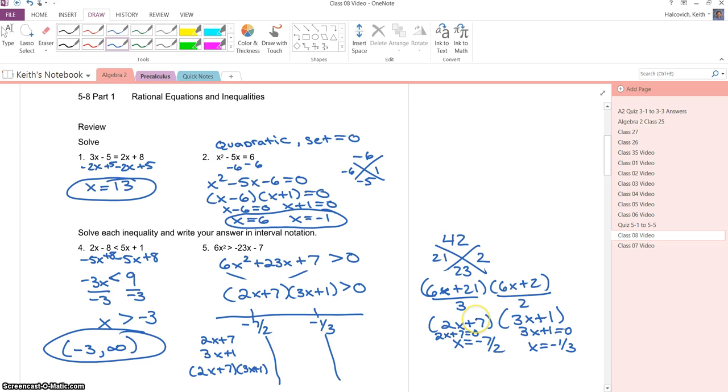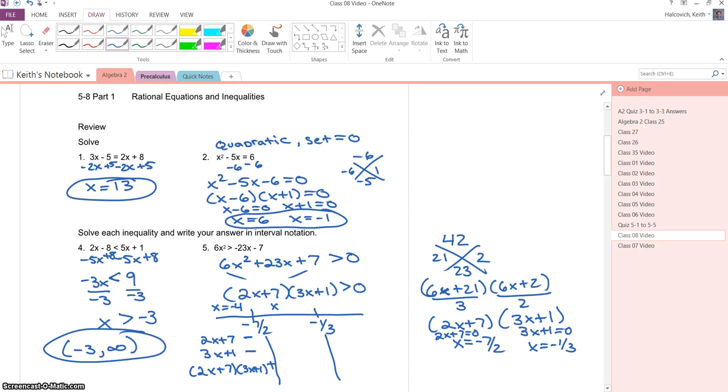So, for example, x equals -7/2 is -3 1/2, so -4. If I put -4 in here, 2 times -4 plus 7 would give me a negative number, because it gives me -1. 3 times -4 is -12, plus 1 is -11, so that gives you negative. But when you multiply them, it gives you a positive.